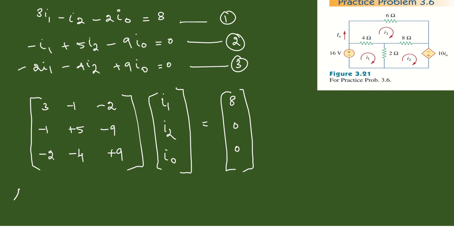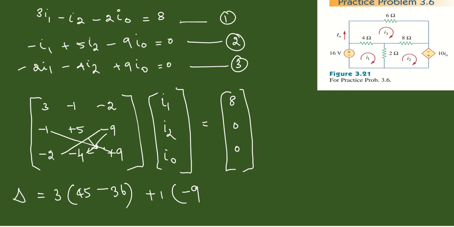So what is this delta? Delta is equal to 3 into this, cross multiply this, so you get 45 minus 36. Then minus of minus 1, so it becomes plus 1 multiplied by, cross multiplying these two, minus 9 minus of minus 18.